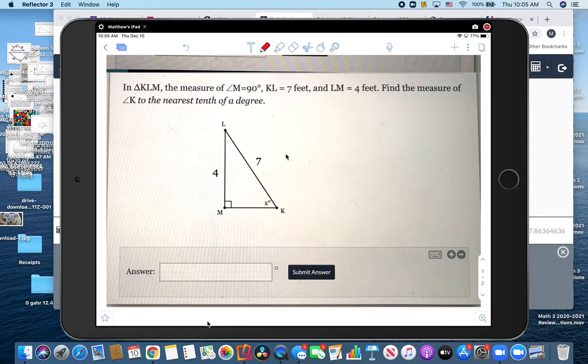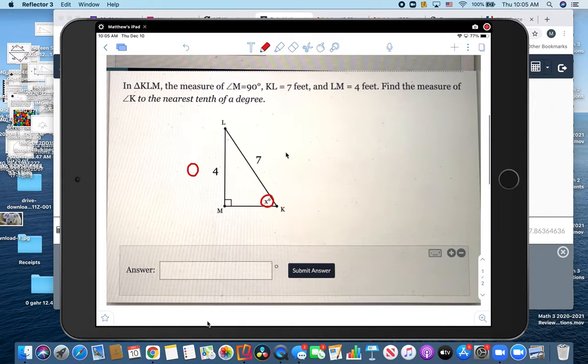Okay, so remember, in the perspective of this angle measurement, the side opposite of that angle is opposite, the side that's closest is the adjacent, and just remember the side that is always across from the 90 degrees is the hypotenuse. Okay, so again, using SOHCAHTOA and your notes, which one uses the opposite side and the hypotenuse side?